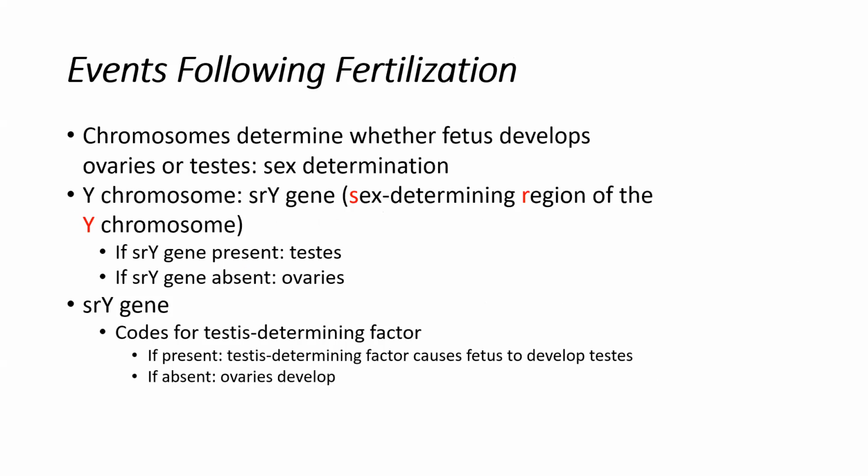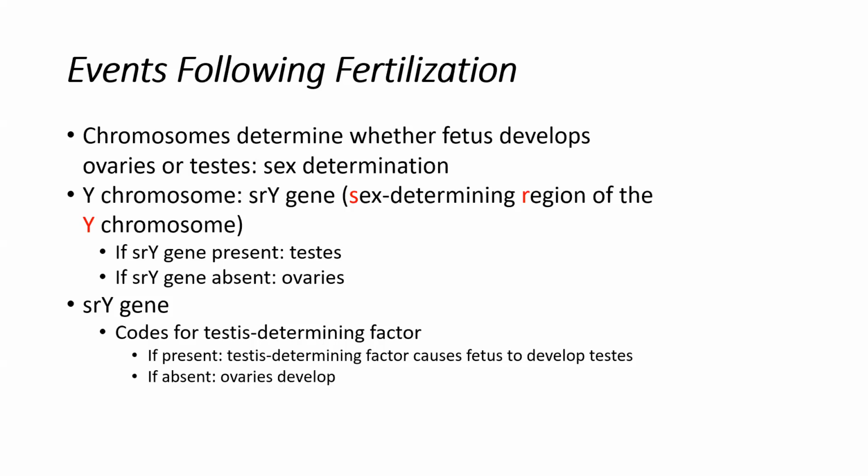So there are chromosomes that are fused, and the chromosomes here are what determine whether this fetus will become a female and have ovaries, or whether it will become a male and have testes. And this whole process is what we call sex determination. It happens right after fertilization, in that 2-week period immediately after fertilization.